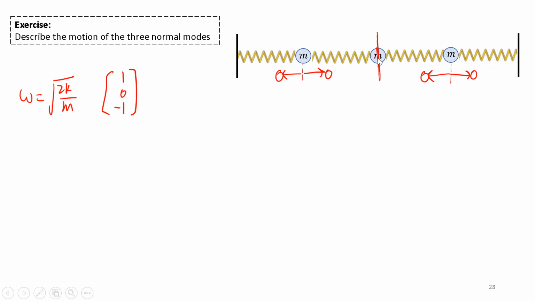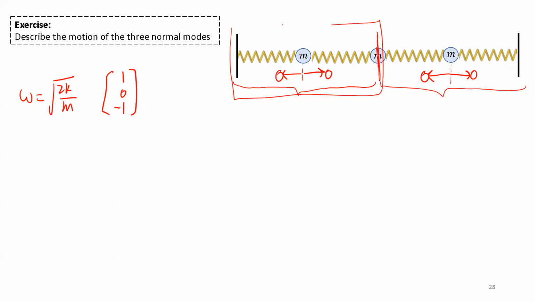Then you can just look at the two systems separately. If I just look at the system on the left, then all you see is one mass connected to two springs on both sides. And that is why you have this square root of 2k divided by m.